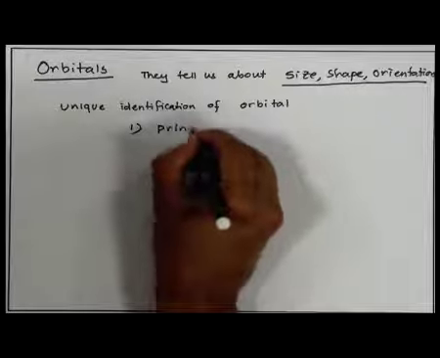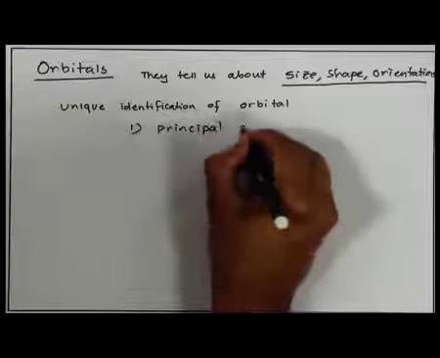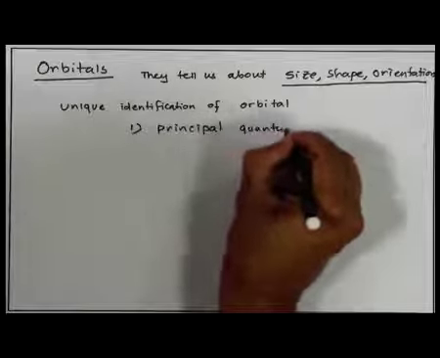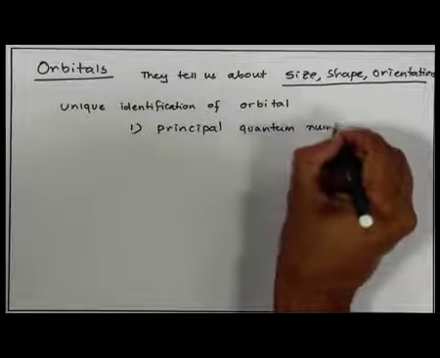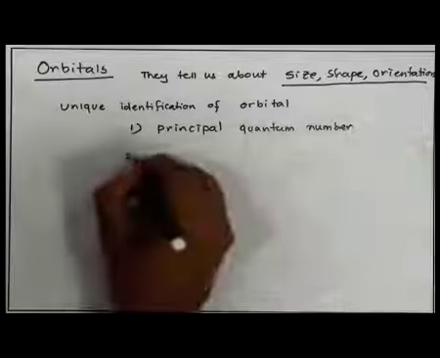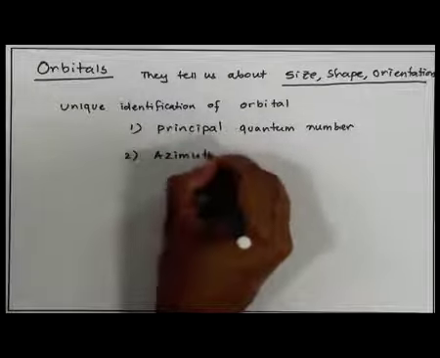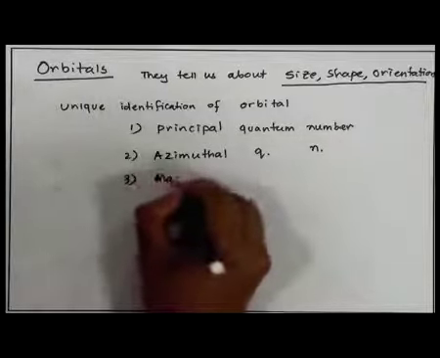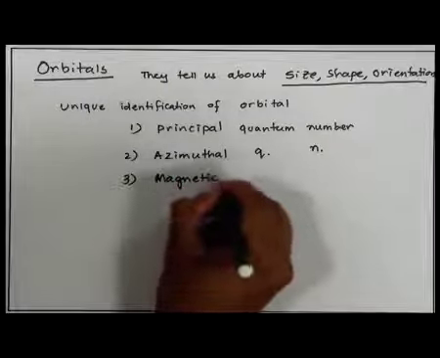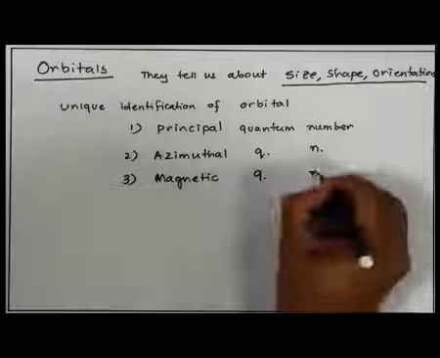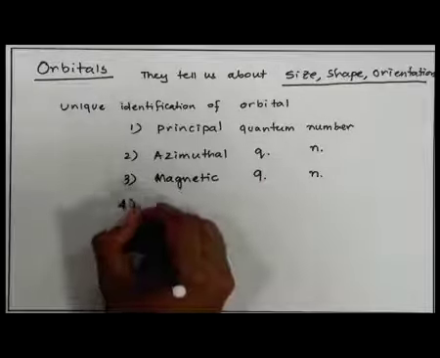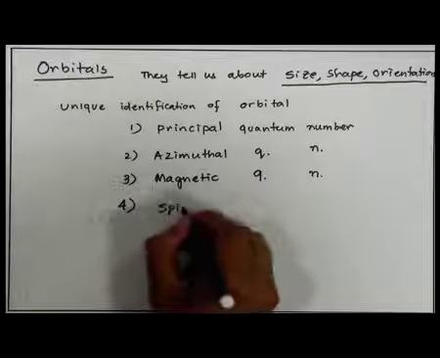First is called the principal quantum number. Second, the azimuthal quantum number. Third is the magnetic quantum number, and fourth is the spin quantum number.